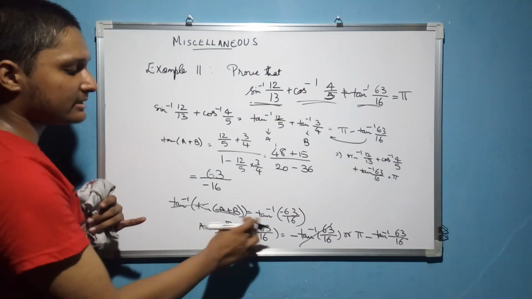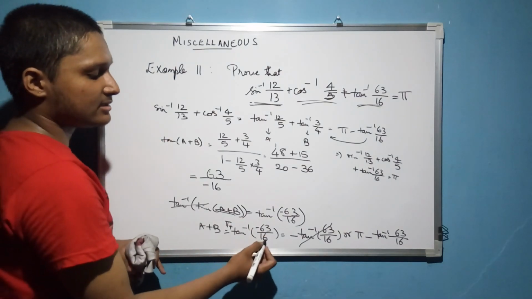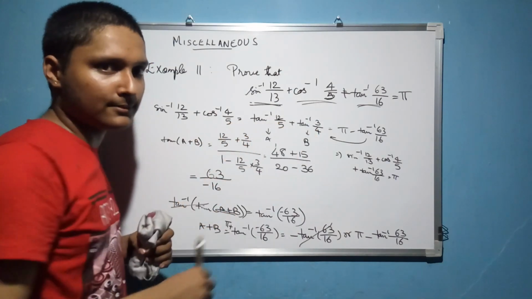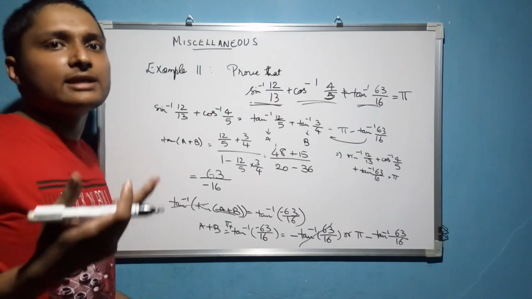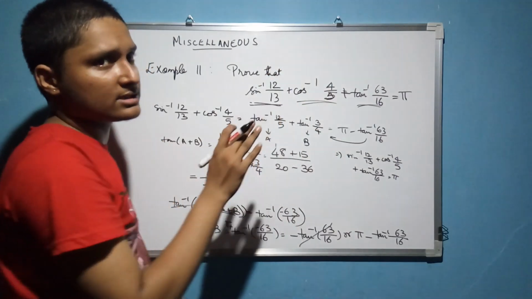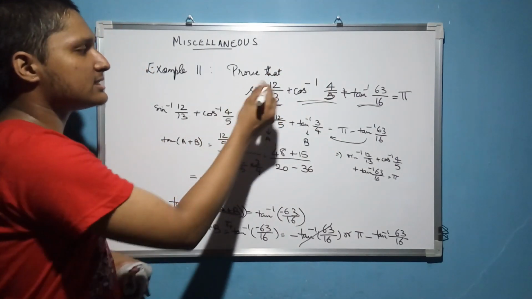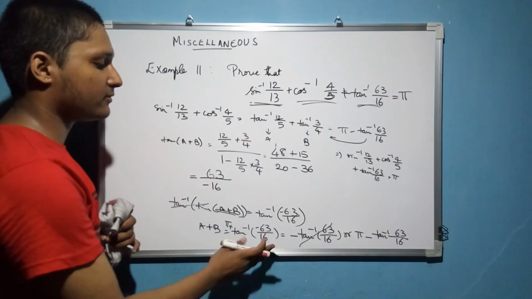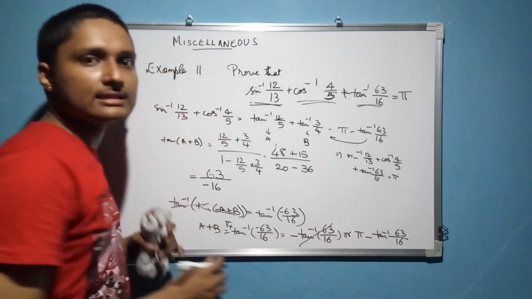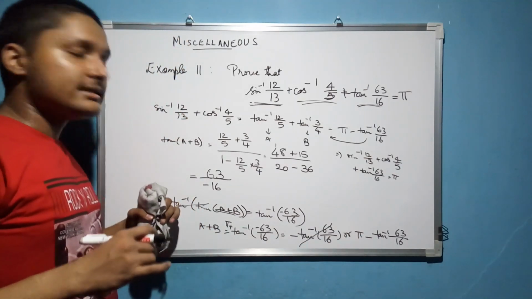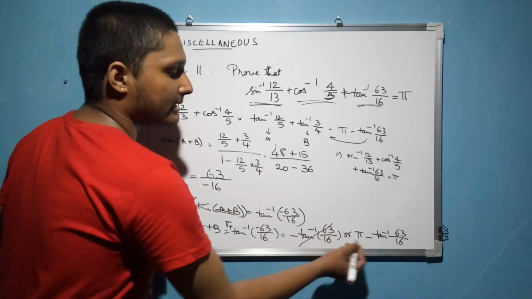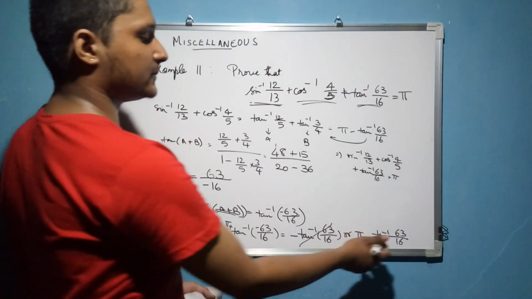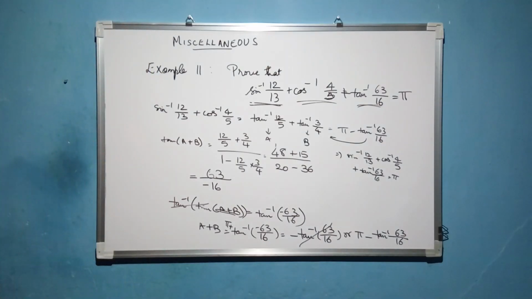So if you have only this term, that is tan inverse minus 63 by 16, the answer you get is negative. How can it be negative? Cos inverse is always positive, and sin inverse of a positive is also positive, therefore it should always be positive. Hence, since tan is periodic by pi, I added a pi so that it becomes easy for me. So it becomes pi minus like this, so you get the answer.